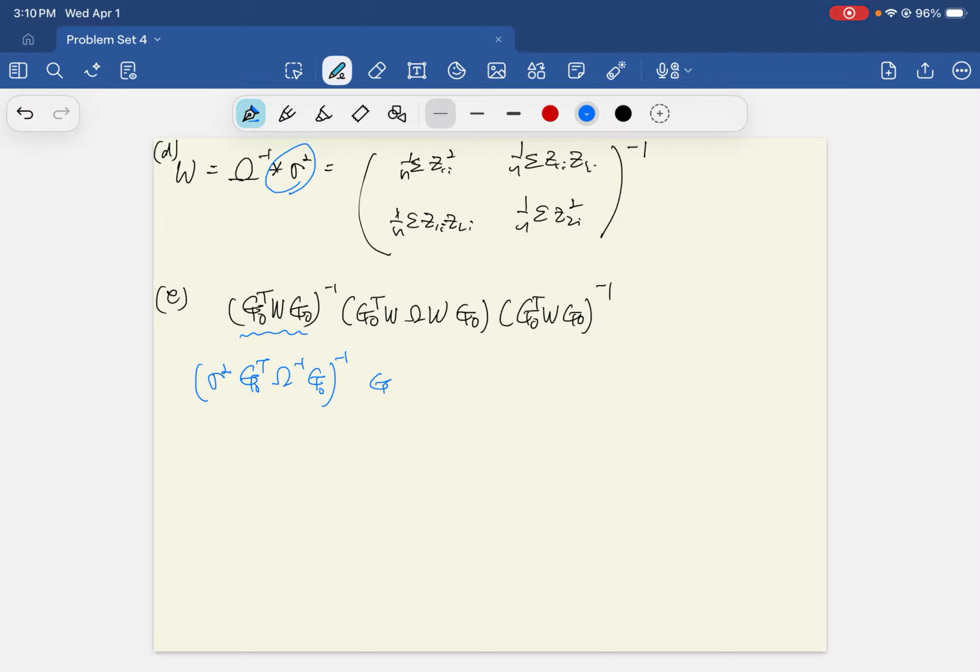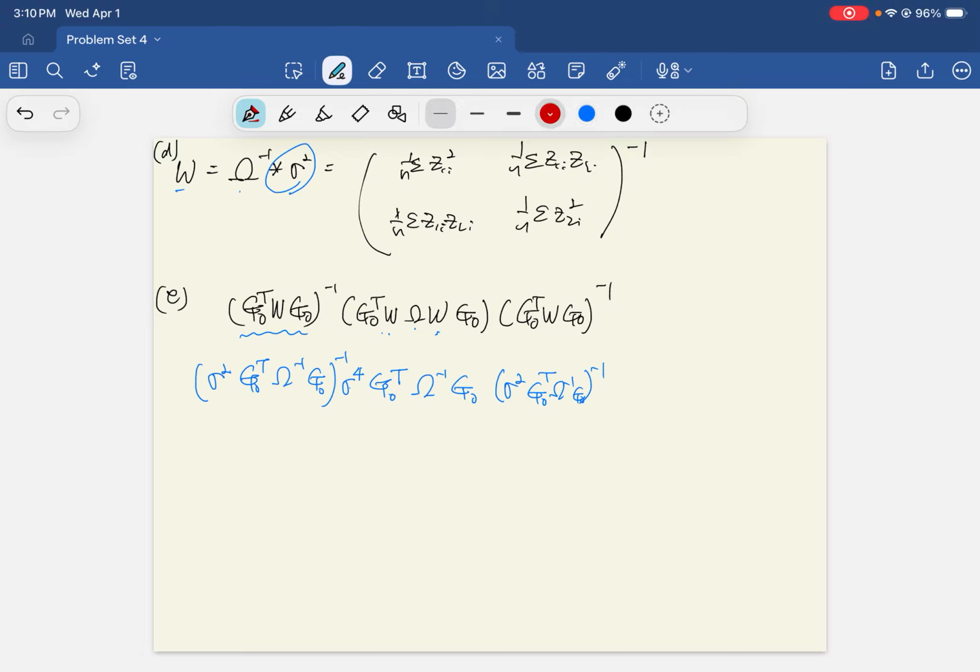And the middle term becomes W times omega, which is sigma squared, because W is omega inverse times sigma squared. So you are going to get actually sigma to the 4 times omega inverse G0. Right? Finally, same thing: sigma squared G0 transpose omega inverse G0 inverse.